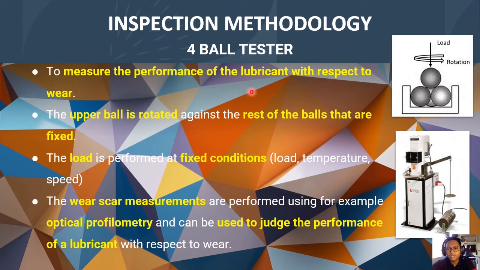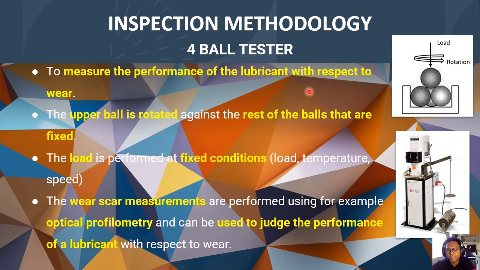Okay, for the combination of the four previous methods that I have mentioned, there is one method that is used nowadays that combines the most modern technology, which is the four-ball tester.